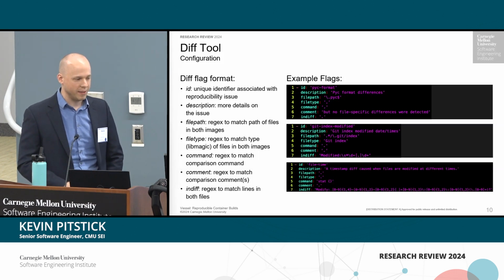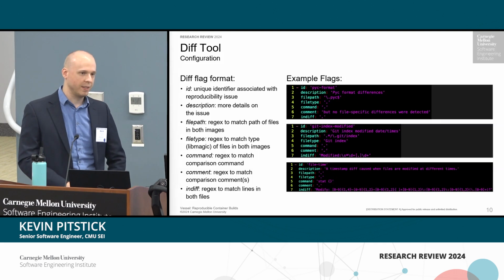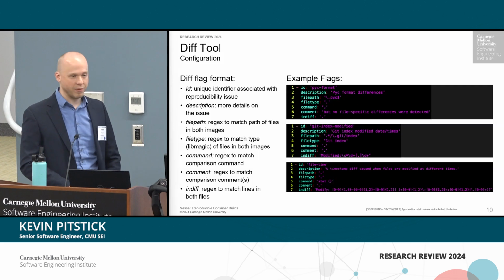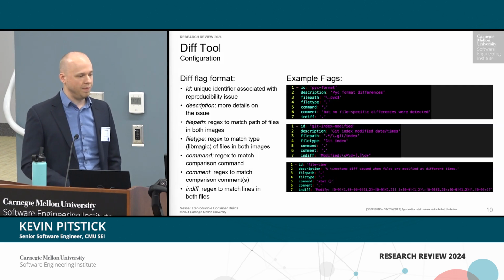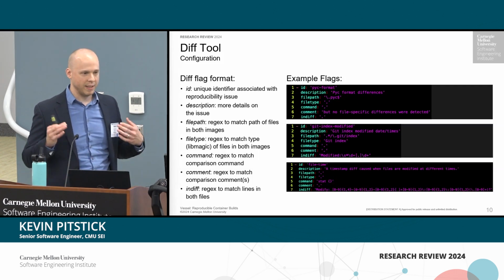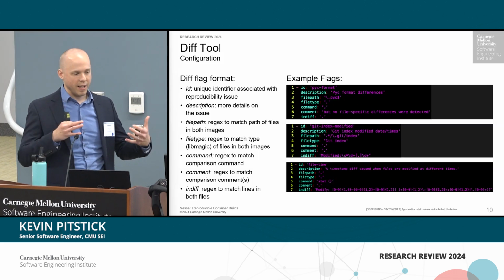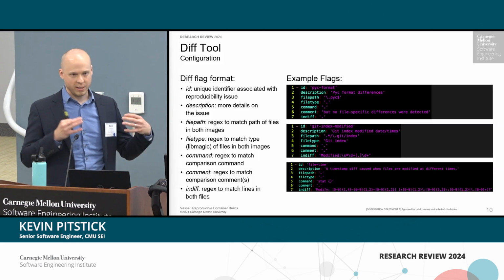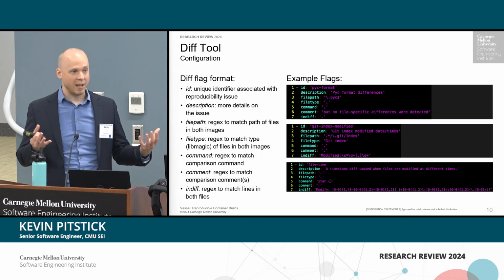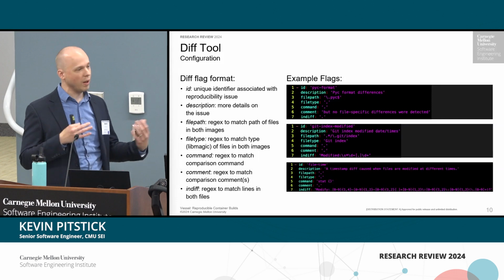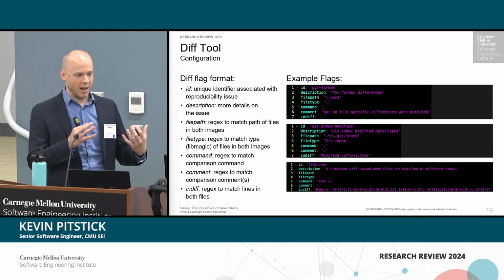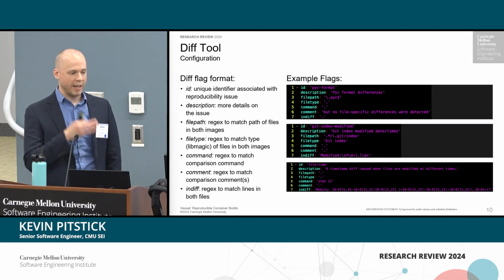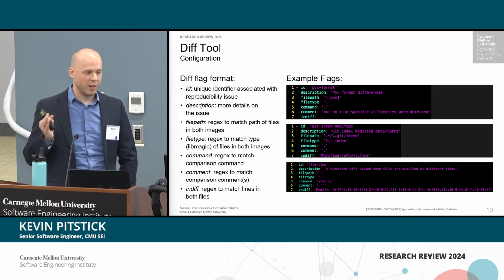We also pull out the file type from libmagic, so you can say I only want to match on files of a particular type. And then there's the ability to narrow down and say, what difference in these two files do I want to match on? So for a timestamp in a log file, you can have a regex for the date and the time so that it can flag it, in these particular log files, as matching the date and time.